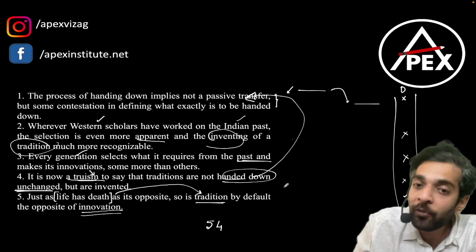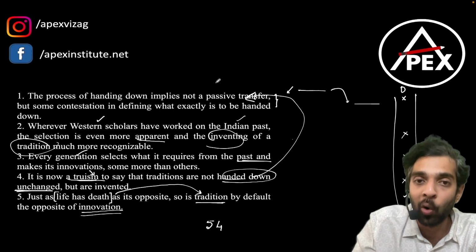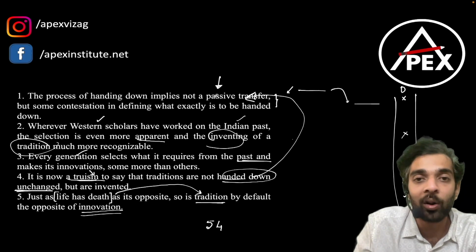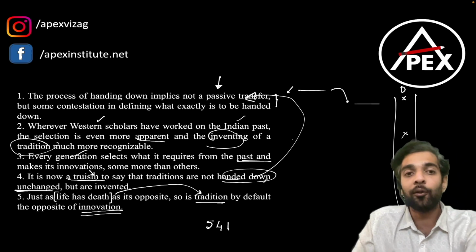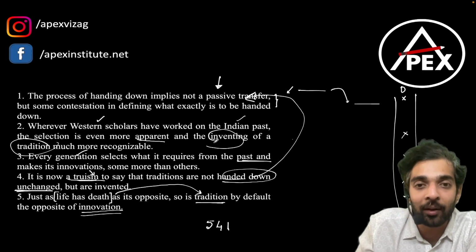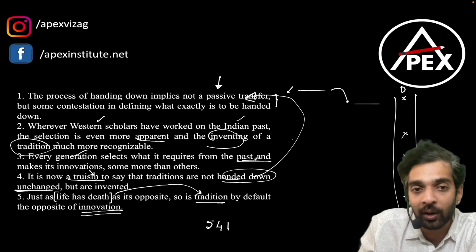Okay, obviously we saw before, right, that this handed down is being explained more. What is the process of handing down? That's been explained more in 1. So we can come to the next link as 5, 4 and 1. Now if you look at both these statements, 2 and 3, in 3 we see that every generation is selecting something.